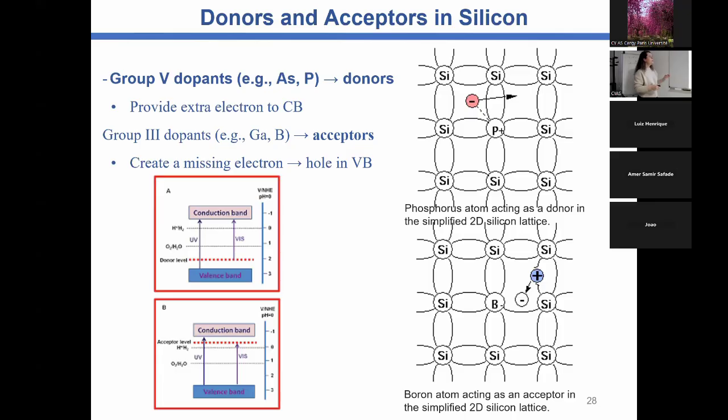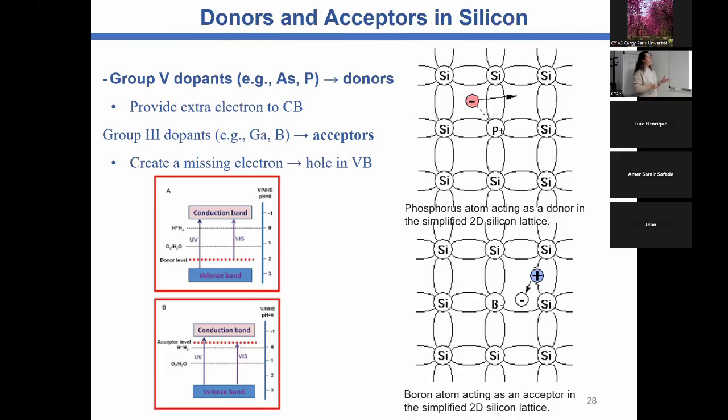This free electron can move through the lattice easily, because it is not bound to anything due to this doping. So depending on the kind of doping, you have different carriers, and different movements of carriers inside this lattice.